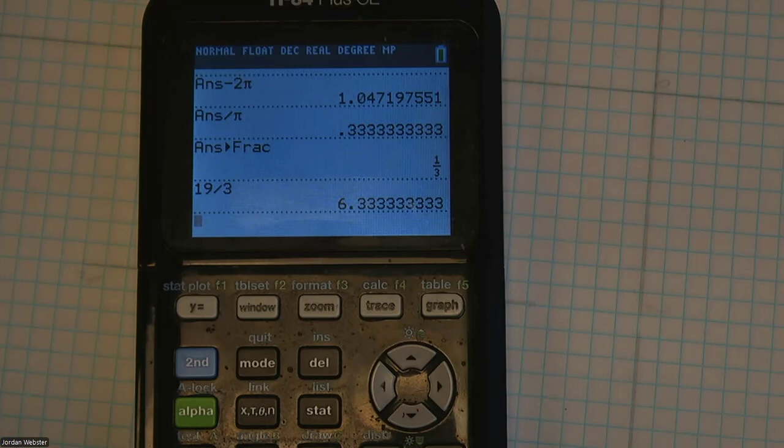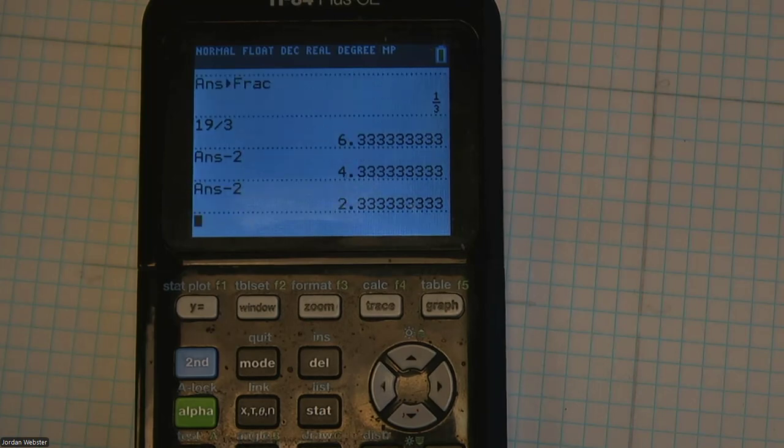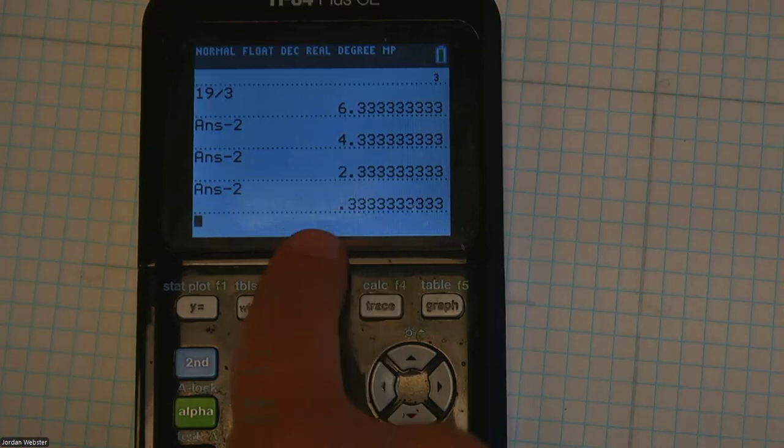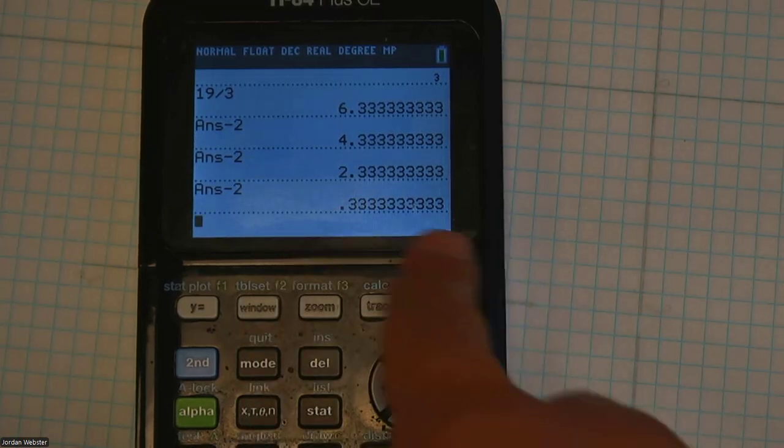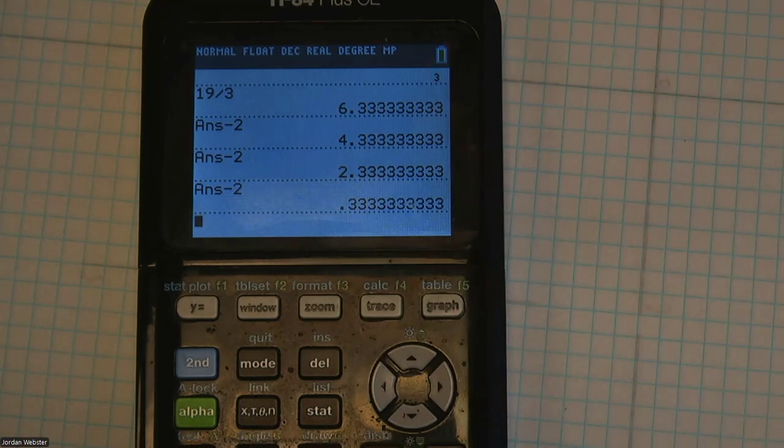If I ignore the pi, 19 over 3 is 6.3 repeating. If I subtract 2 pi, ignoring the pi, I'm just going to subtract 2 over and over and over again. So that's going to be 0.3 repeating times pi as its coterminal angle. Everybody get that?